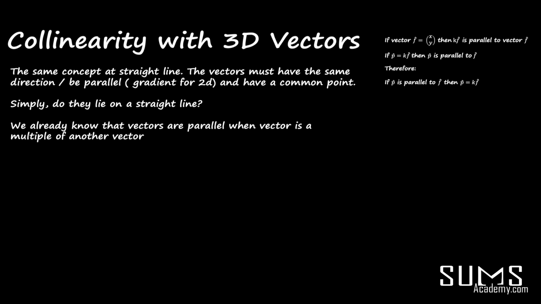So in writing, you say if AB is equal to KBC, then AB is parallel to BC.